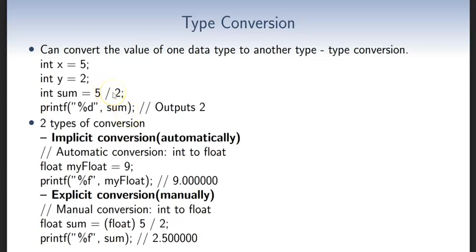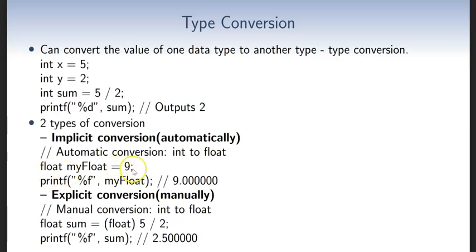If we wanted to get the output as 2.5, we can use explicit conversion. Implicit conversion automatically converts one data type to another data type. Explicit conversion is where we have to manually set the data type we are expecting. In automatic conversion, for example, we have mentioned this variable as float.